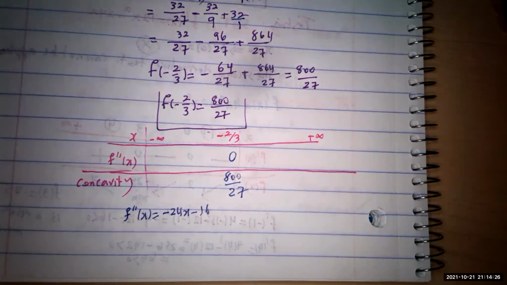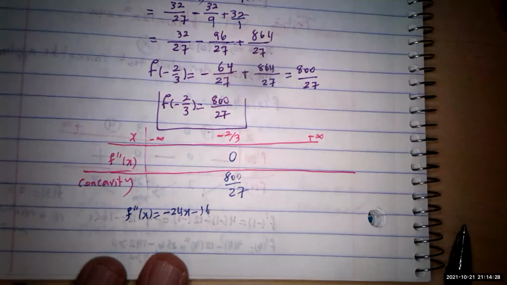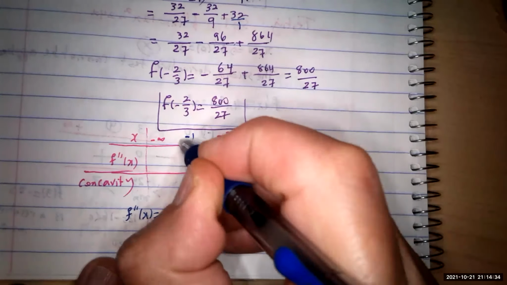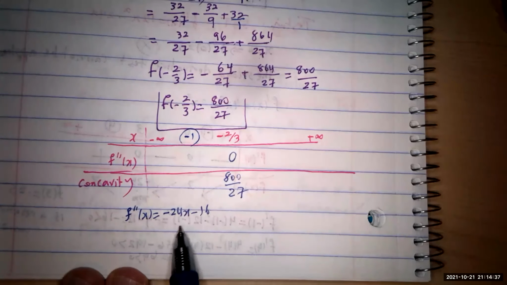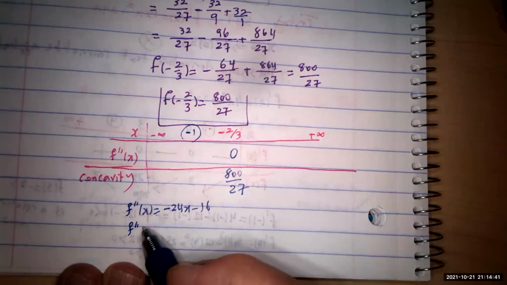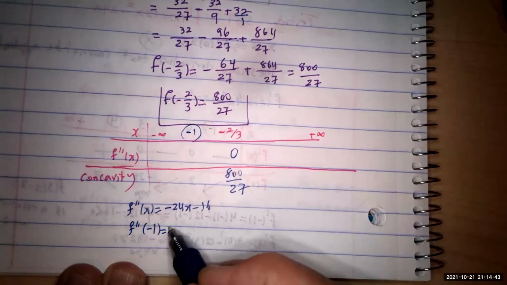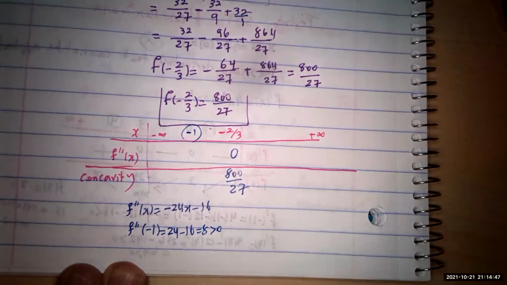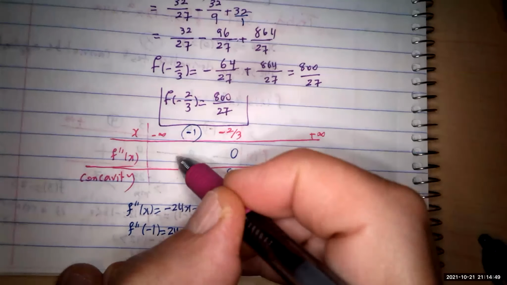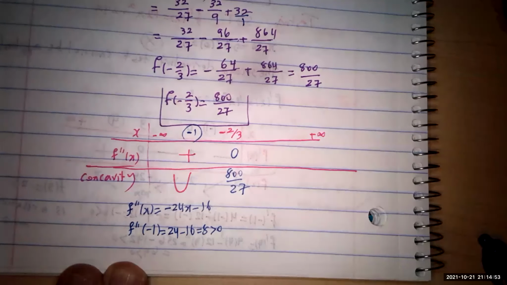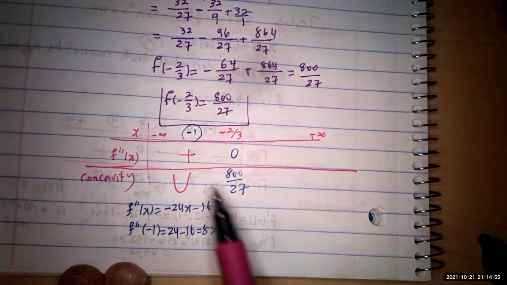Okay, now test the two numbers, two easy numbers. So for example, we can test the -1 here. It's easy, f double prime of -1. Make it 24 minus 16, which is 8, is positive. So this would be positive. Positive means concave up. Okay, you need to test a number here.